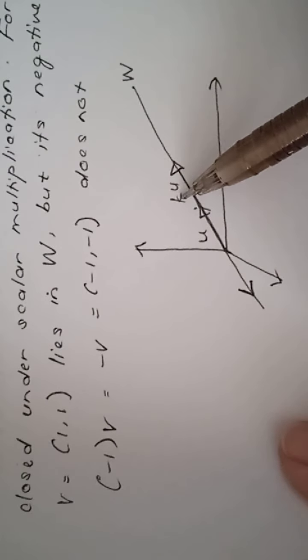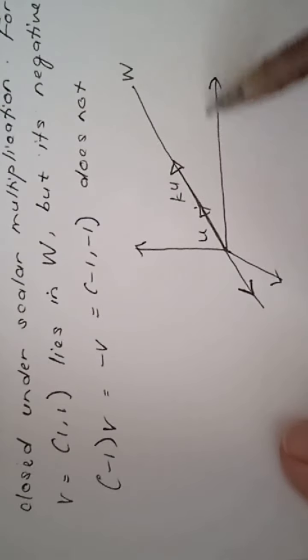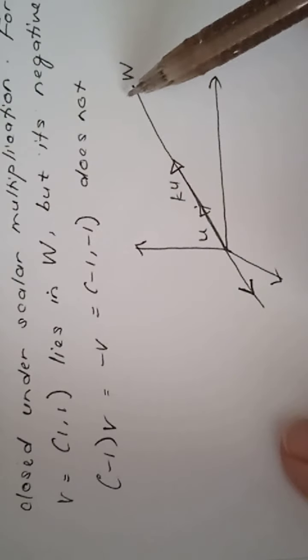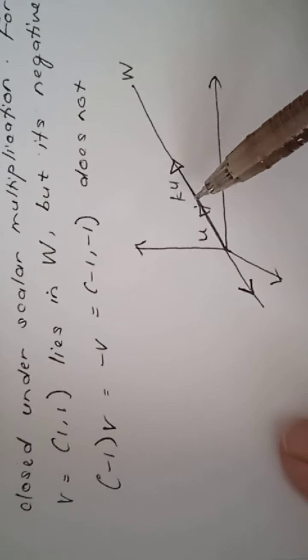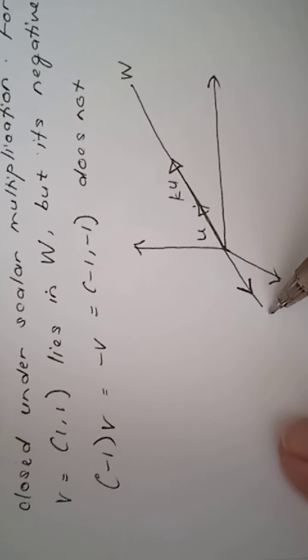If k is taken as negative 1, there is u in W. This is W in R2. Now let k be negative, so it means that ku is in the opposite direction. So this becomes the vector ku.